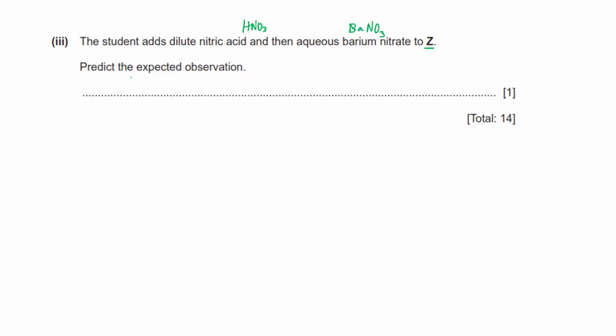So barium is soluble, or the precipitate that will be formed in this case will again be a soluble one. So no change is observed. Colorless solution will be there. Okay. So this is how it goes.